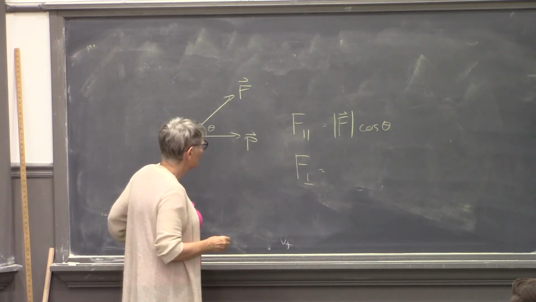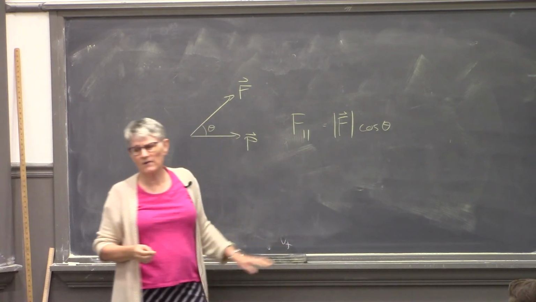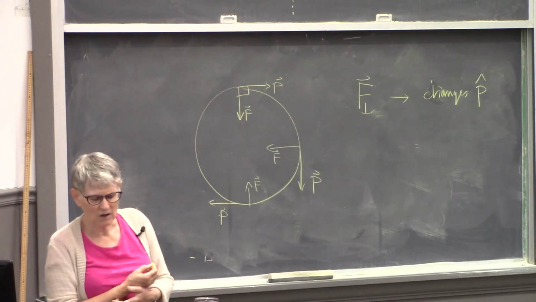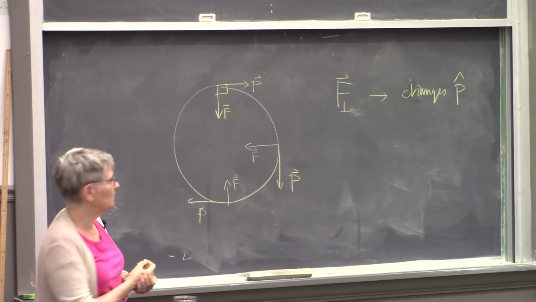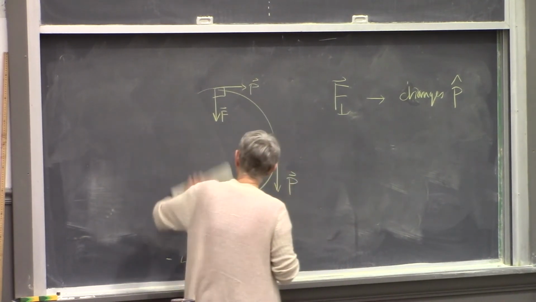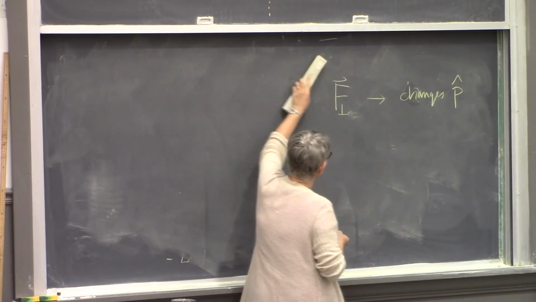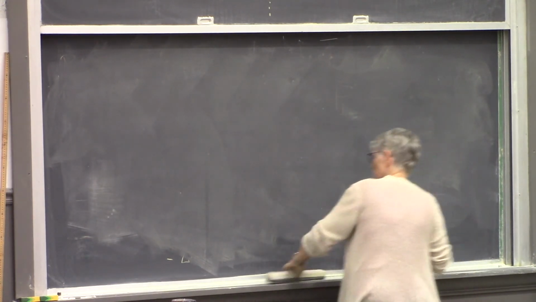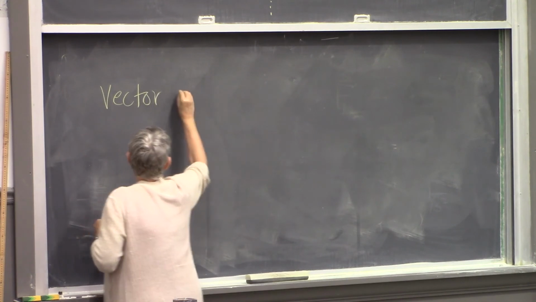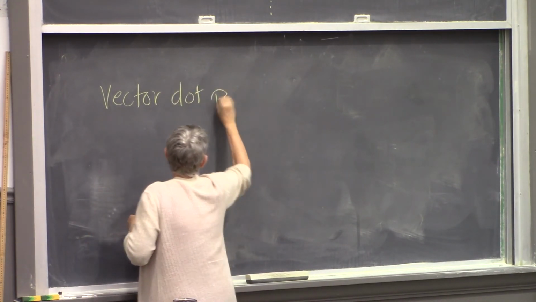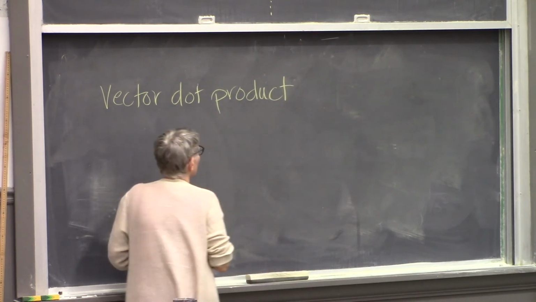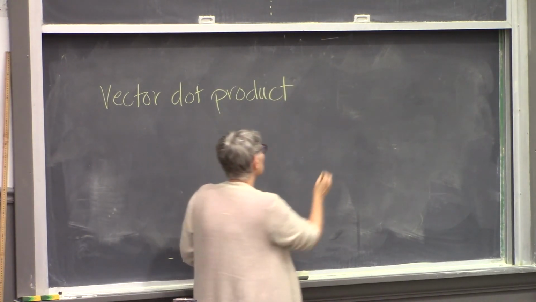Come to that in a minute. Now there's a more general way to write this, and it's called a vector dot product. And it's written like this.